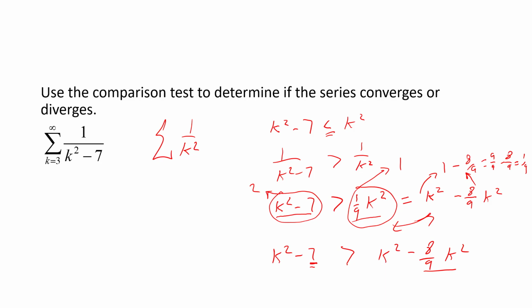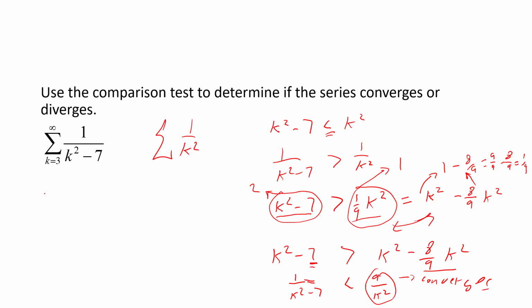And so now that I have a greater, when I flip it, I get 1 over k squared minus 7 is less than 9 over k squared. This one converges. And these are smaller, so this one converges, right?